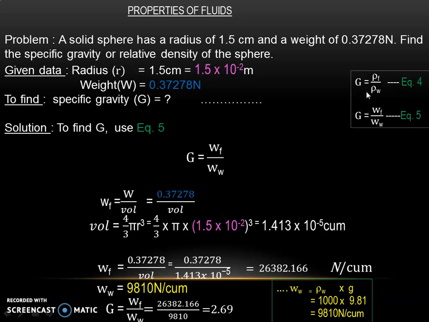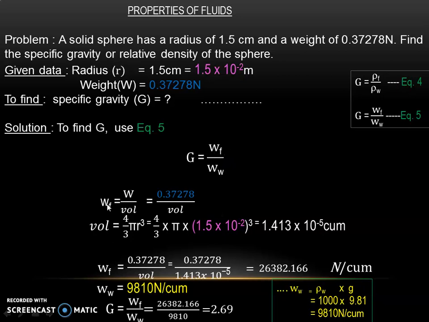In the previous problem, we used equation 4 because we could find the density of fluid very easily as mass and volume were given. And in this problem, we will be able to find specific weight as weight and volume are known. So, we will write equation 5. G is equal to specific weight of fluid divided by specific weight of water. Now, we will try to find each and every term in this equation.